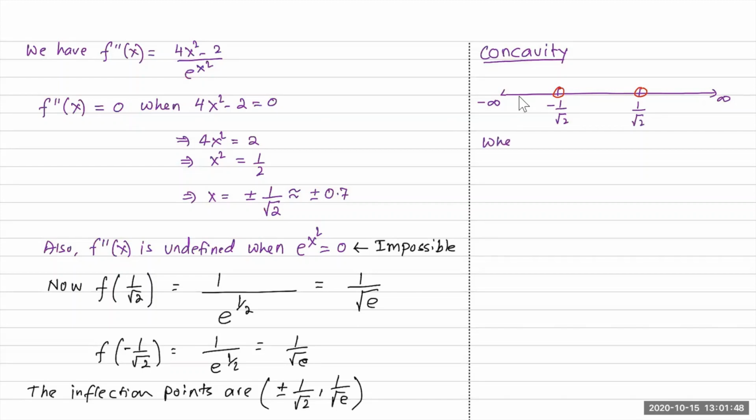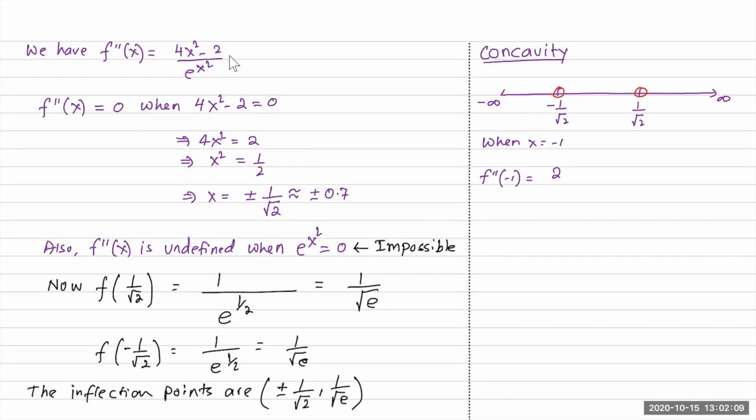When x equals negative 1, the second derivative will be: negative 1 squared is 1, 1 times 4 is 4, 4 minus 2 is 2.